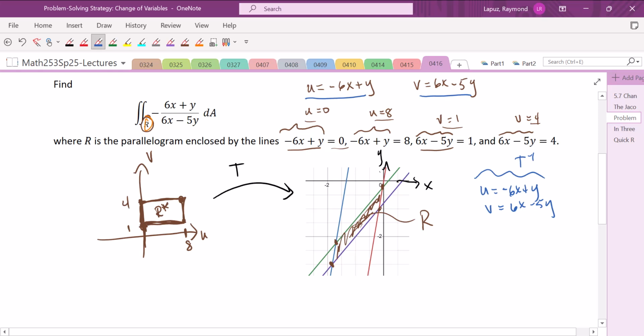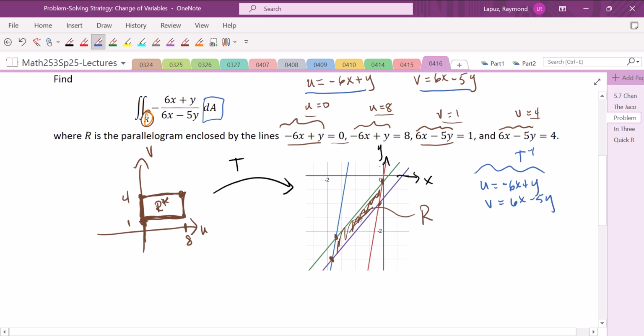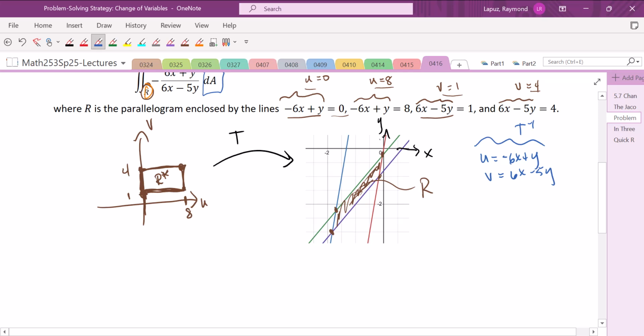If I want my Jacobian, which I'll need to replace dA, I need to solve for X and Y so that I have X is equal to something and Y is equal to something for my T transformation. So how do we do that? We did it like we did before. This has a negative 6x and a positive 6x, so already I think I can work with that.